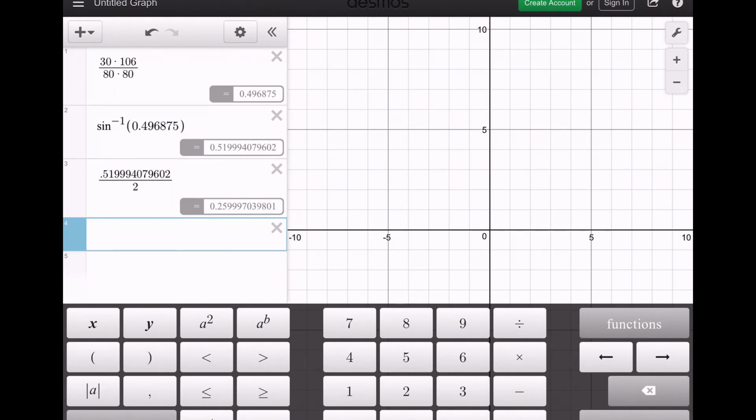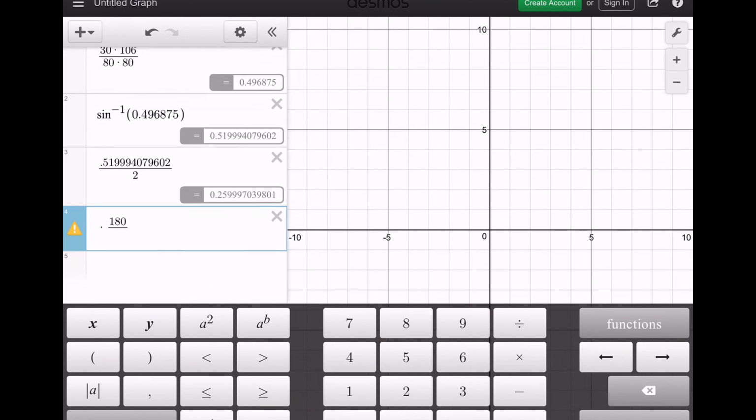And that is going to be equal to how many degrees, if we really wanted it in degrees. I don't know if they did or not. So to convert 0.25 radians to degrees, I'm going to have to multiply by 180 and divide by pi.